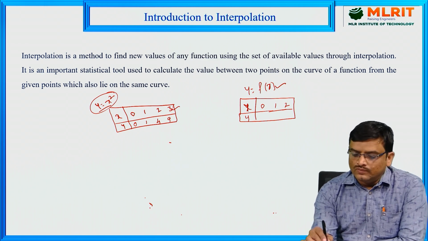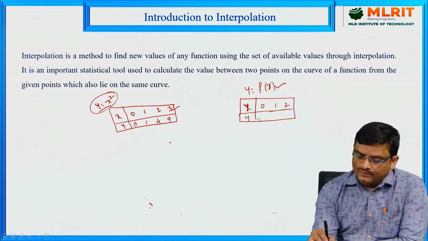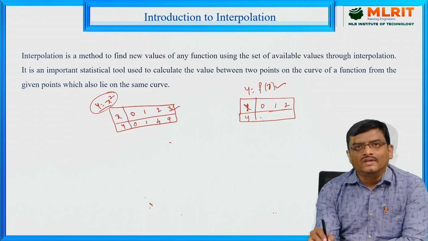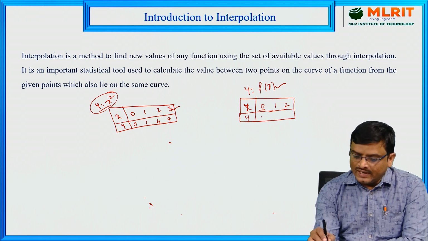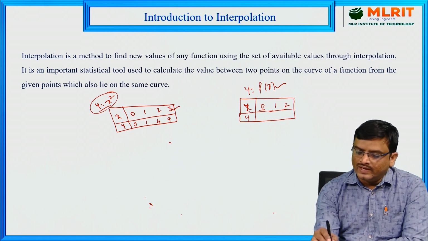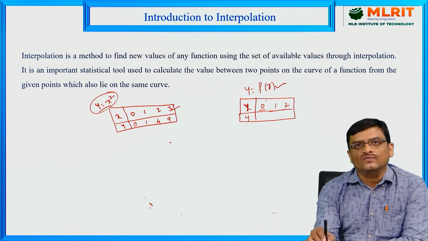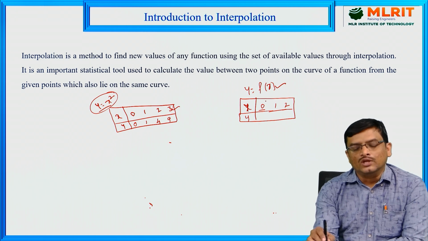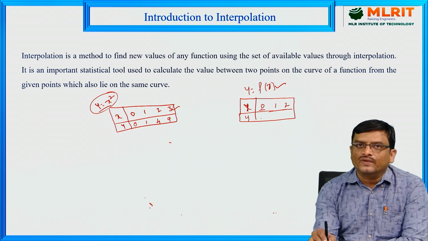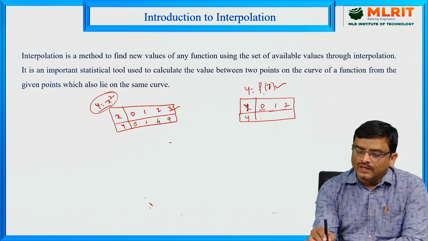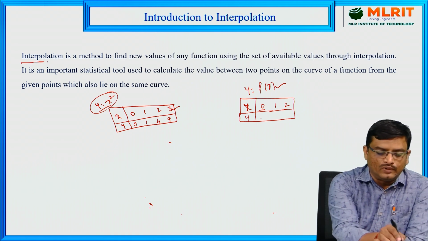So whenever we want to find out the value of y for an unknown function, then definitely it is not possible to get the value of y directly, even if you know the value of x. But we can find out the value of y at a given value of x, even though the function is unknown. This process of finding the y value at a given particular value of x for an unknown function, we call interpolation.